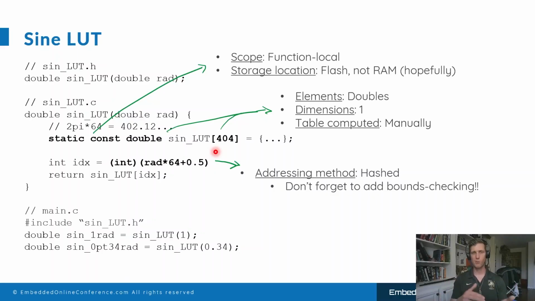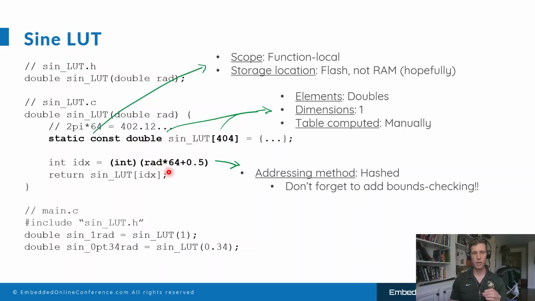But a full cycle of sine is 2 pi radians, a little over 6. 6 elements was way too few to put into an array. So I decided that my array was going to be spaced 1/64th of a radian apart. And that's what gave me the weird number of 404. But it makes accessing the array not that much more complicated.